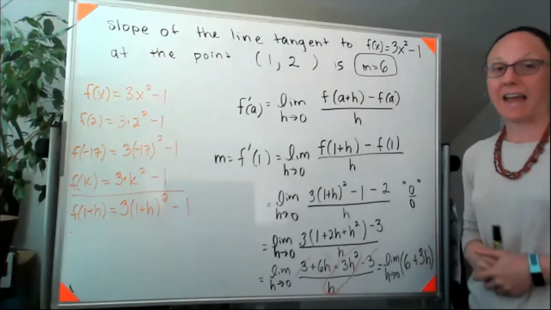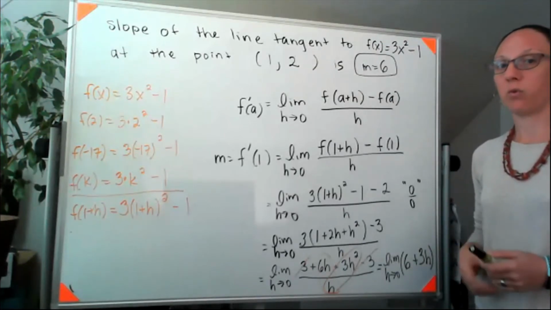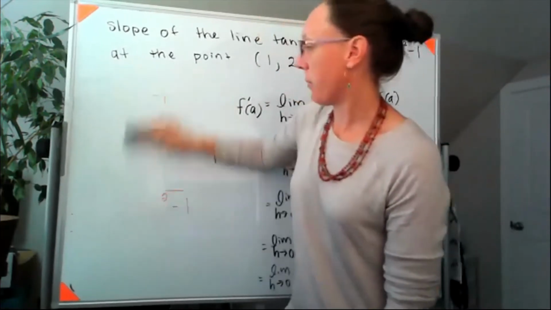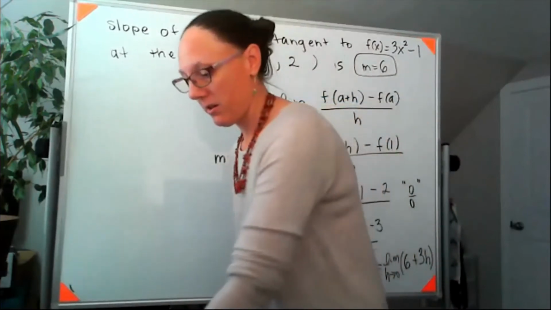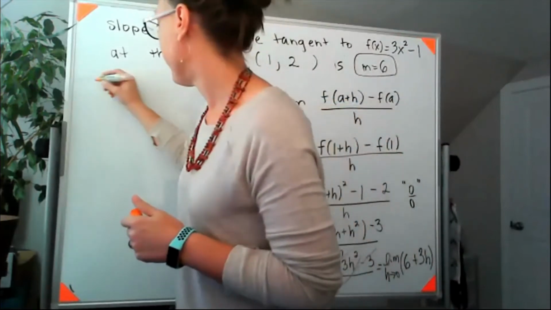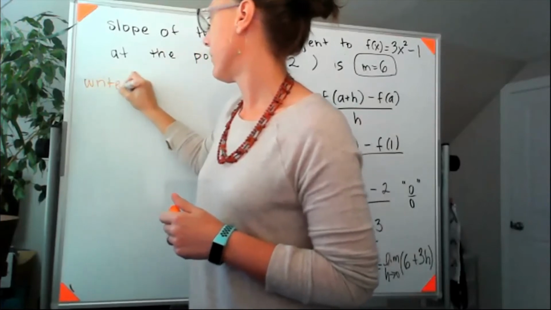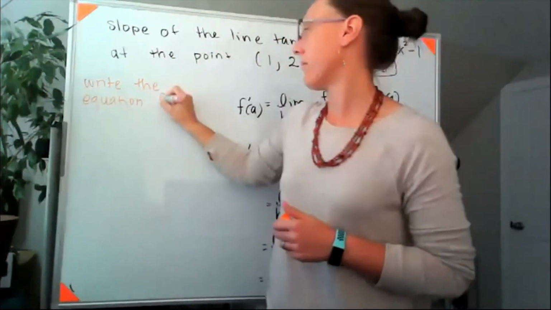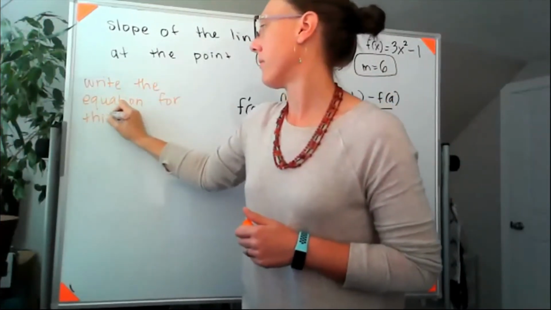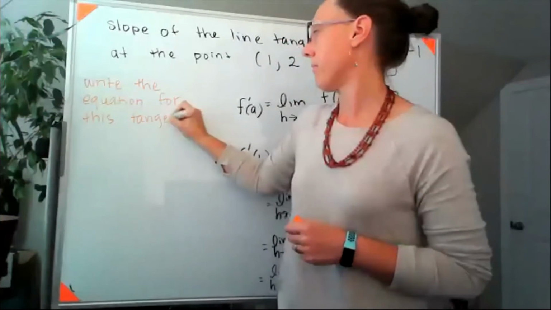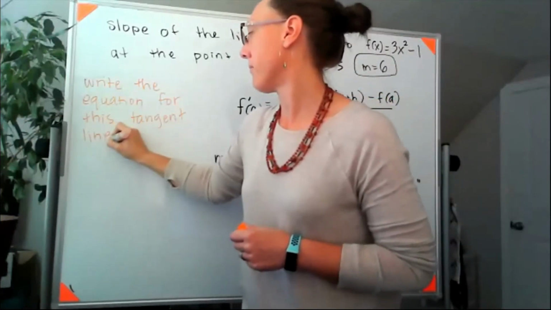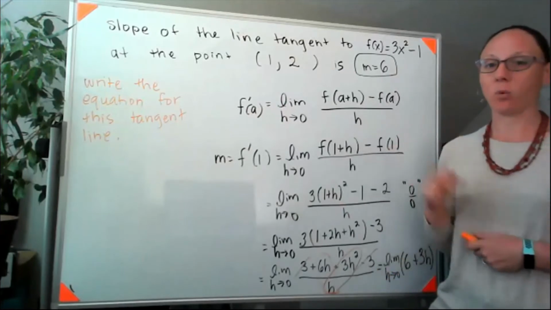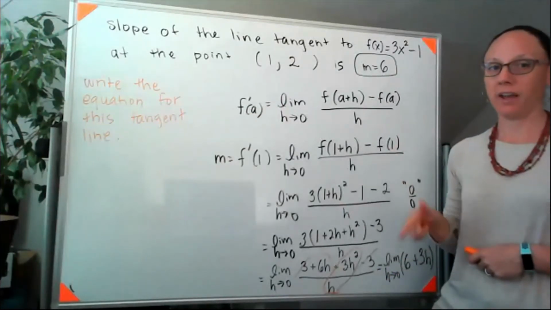From there, I could ask you to write the equation for the line. So let's say I asked us separately now to write the equation of the line. For any equation of a line, I always need 2 things. I need a slope and a point.